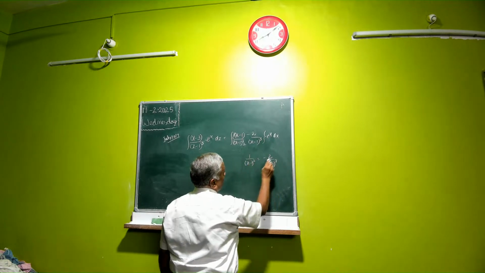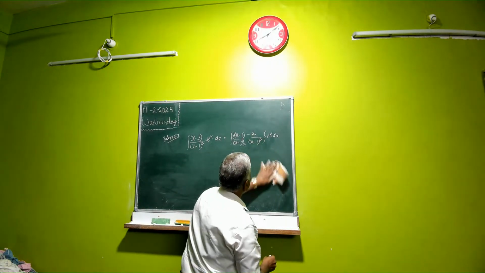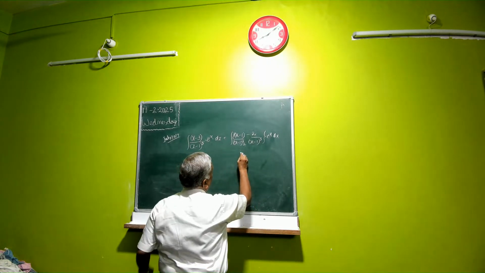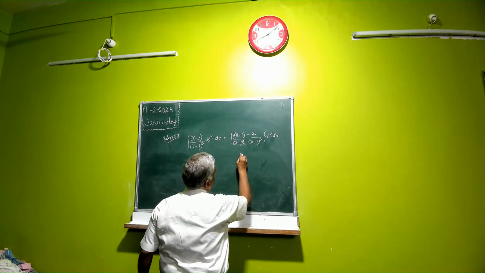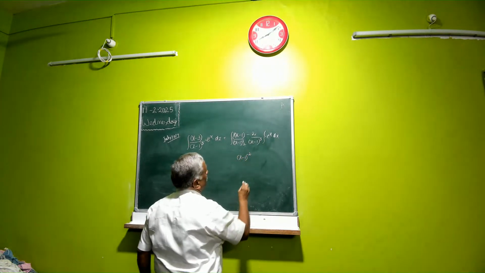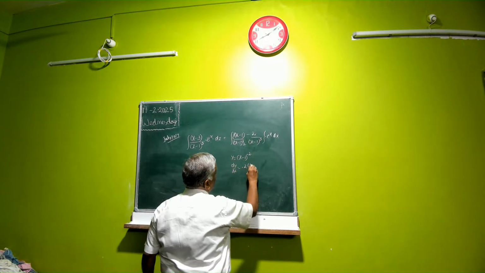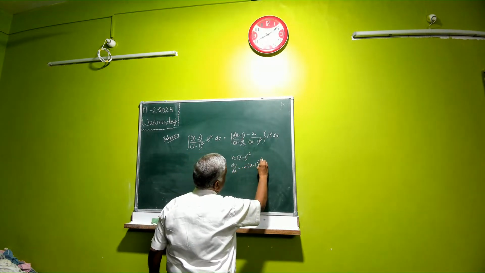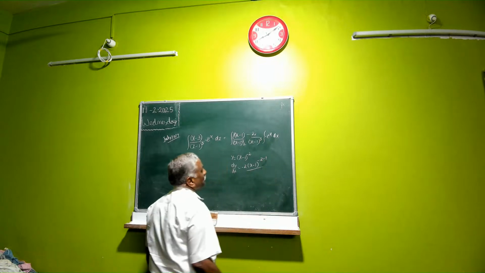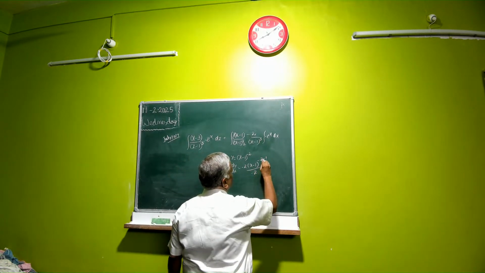To differentiate this, let me work it out. This is 1 over x minus 1 whole square, which you can write as x minus 1 to the power of minus 2. This is y. What is dy by dx? We are differentiating this, so x to the power of n gives n x to the power of n minus 1. In place of n we have minus 2, so minus 2 times x minus 1 to the power of minus 2 minus 1.